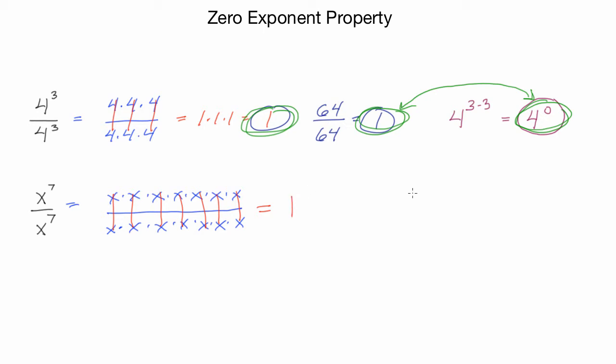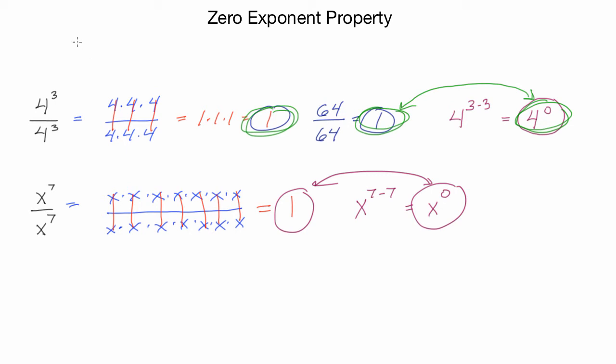But if I use the quotient property, x to the 7th divided by x to the 7th should equal x to the 7 minus 7, which is x to the 0. So not only does 4 to the 0th power equal 1, but x to the 0th power also equals 1. So here is the zero exponent property.